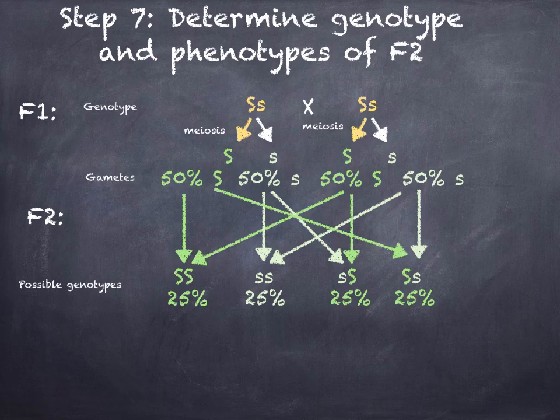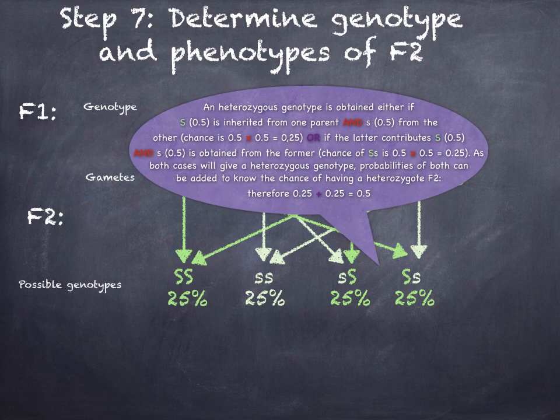Now, if you notice, here we have two different conditions that give you a heterozygous genotype. You can have a heterozygous genotype obtained either when the first parent contributes a big S and the second parent contributes a small s, so it gives you 25% of chances, or when it is the second parent that contributes the small s and the first parent that contributes the big S. So it gives you a second possibility to obtain the same thing.